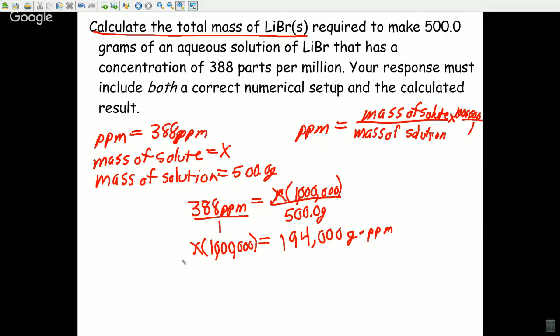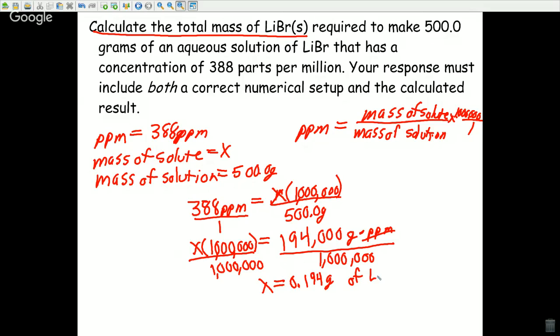Keep in mind that when you divide both sides by 1,000,000, you're going to make that parts per million go away. Because that's what you're measuring, is how many parts per million. And so for this, you get 0.194 grams of lithium bromide is what you would need to make the solution.